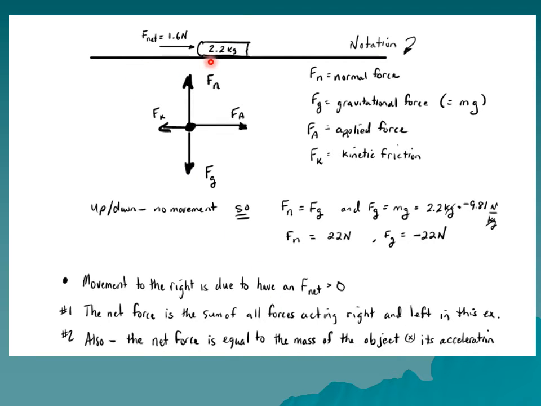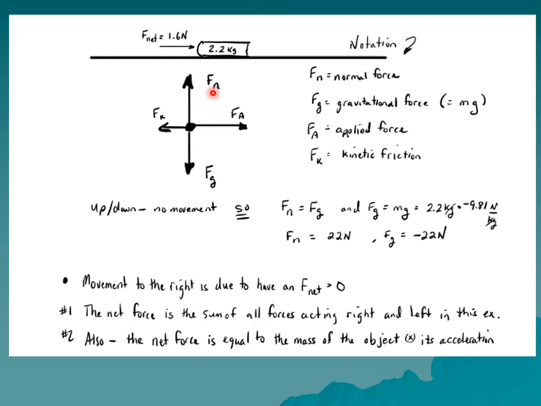Here's a diagram. I have this book, 2.2 kilograms, with a net force pushing it to slide it across, and I just created some notation along with my simplified force diagram. I did not do agent notation. I just went real simple in this. So normal force, applied force, force of gravity, force of friction, kinetic friction technically, because the book is moving.